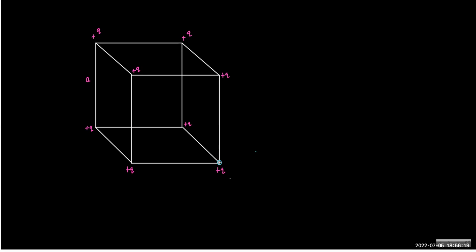So the adjacent charges will repel like this: 1, 2, and 3. These are the 3 forces from the adjacent sides. Is this clear, guys? Very good. If you have understood this part, then I'm really glad. We can go to the next part.